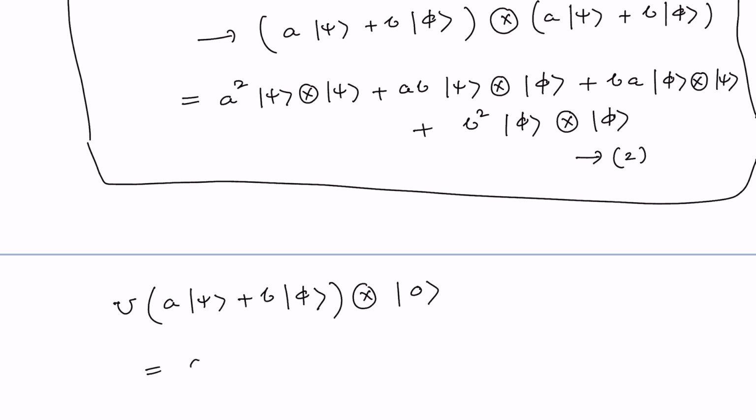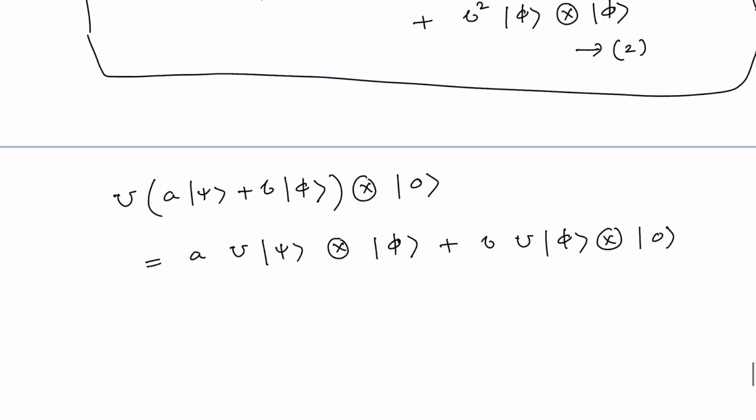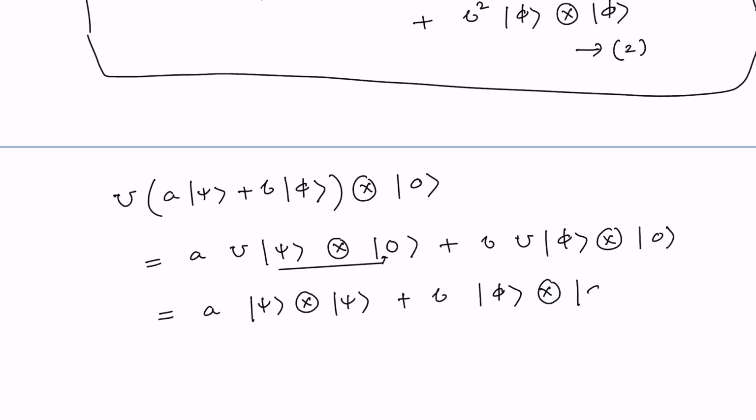I can have a U|psi> direct product |phi> plus b U|phi> direct product |0>, and this is going to give me a|psi>|psi>, because now this is going to be written here. Actually this should be |0>. Okay, this is |0>, this would be written here, and then I have b|phi> direct product |phi>. So let me say this is my equation number 2.